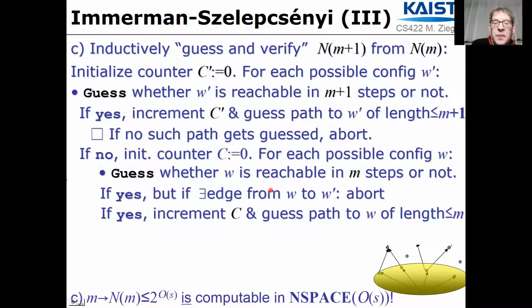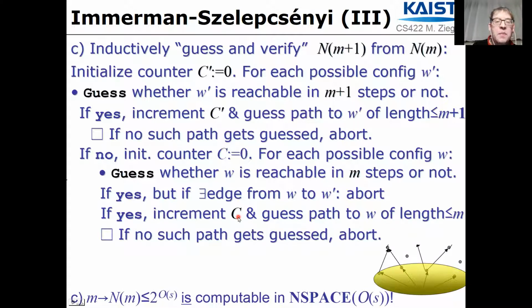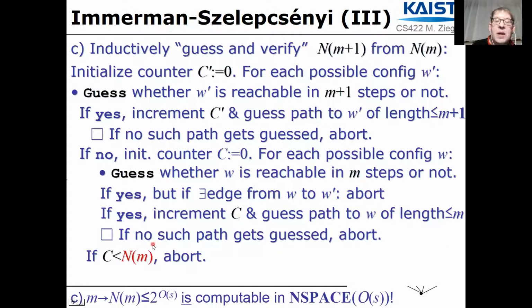So that means when our guess says current vertex W is reachable within m steps, then we make sure that there is no edge from this vertex to our current vertex, and we verify that our guess has been correct using the same techniques, by maintaining a count of how many vertices W we have guessed to be reachable, and at the end verify whether this count coincides with a previously computed or given or known number n of m.